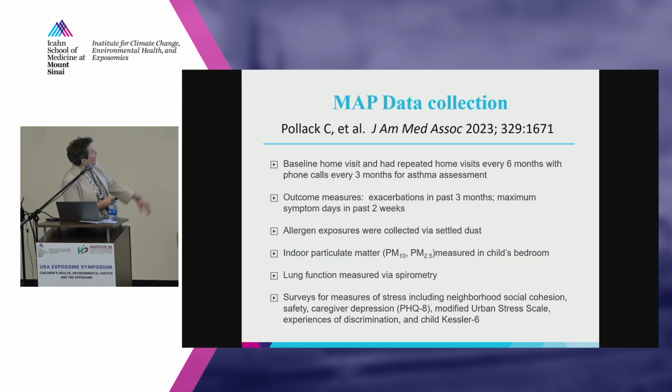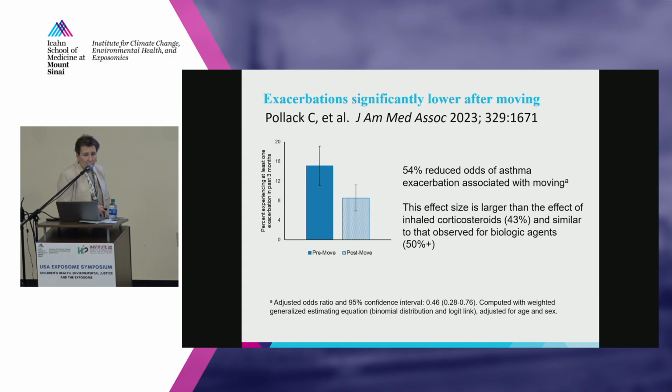And we measured, again, respiratory outcomes and survey measures, including, at the bottom there, neighborhood social cohesion and safety, and we measured psychological functioning in the moms and the kids. Well, exacerbations were significantly lower after moving. When they looked pre and post, that was very significant. There was a 54% reduction in odds of asthma exacerbations after moving.